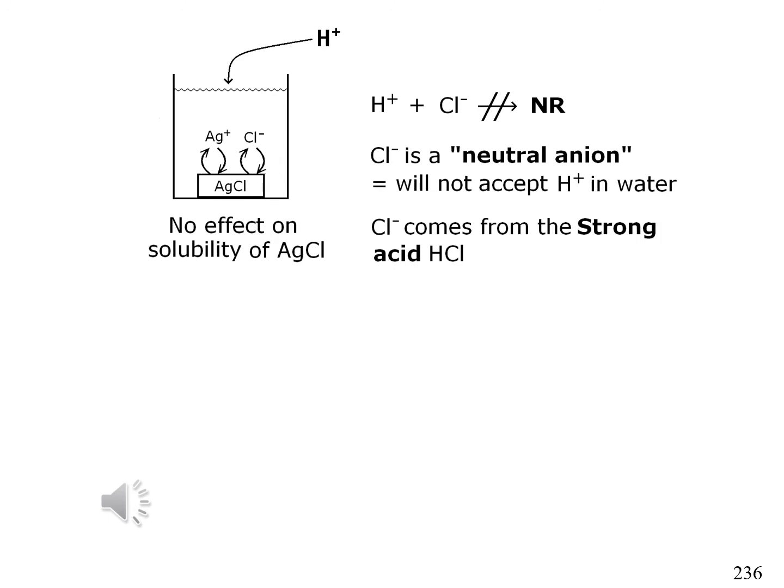The reason is that because of the fact that Cl- comes from a strong acid, if the H plus tries to react with it, it can't stick to it because HCl is always 100% ions. So if the negative ion in the salt comes from one of the strong acids instead of a weak acid, the acid will not have any effect on the solubility.